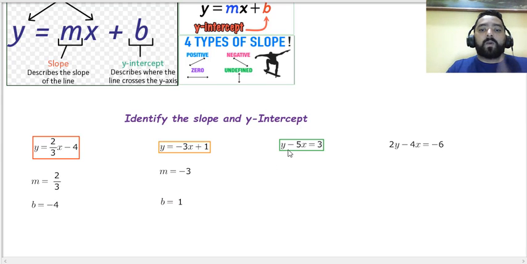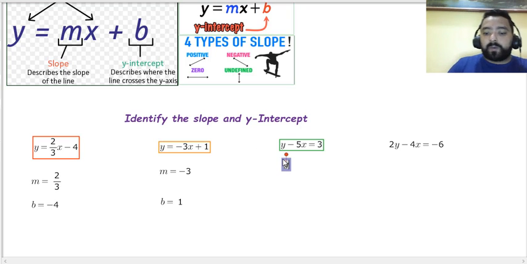In this one, we have y minus 5x equals 3. As you can identify, this is a specific example. Why? Because we always need to have this function isolated by y. So in this case we are going to isolate, and we are going to use the inverse operation.